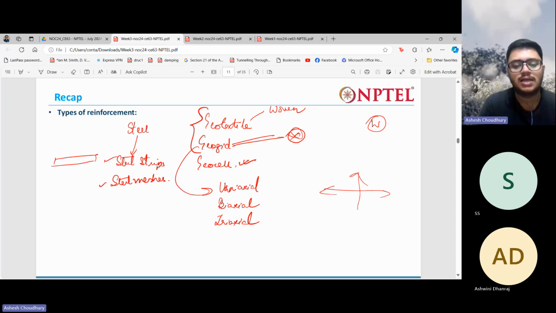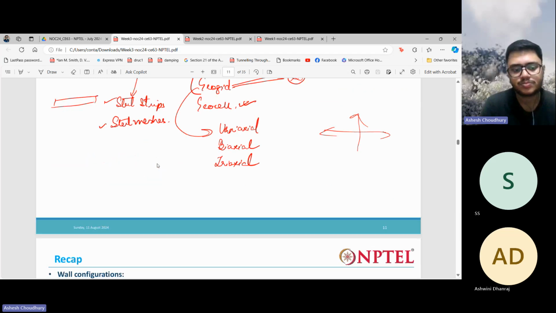Then we can use steel strips or steel meshes also. So there are various options that you can use. It depends upon the engineer to decide whatever is suitable, based upon the cost and other factors, what environment you are constructing the wall in. All those things you have to consider, and then you have to design what reinforcement you are actually going to use.